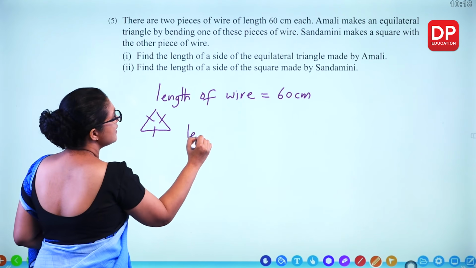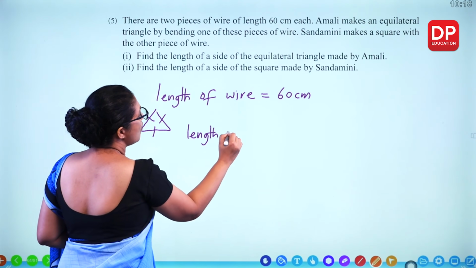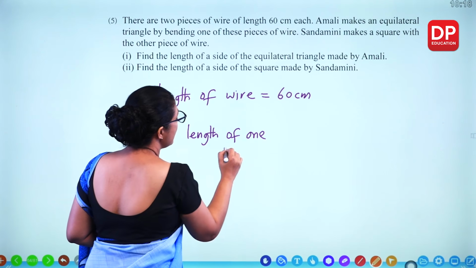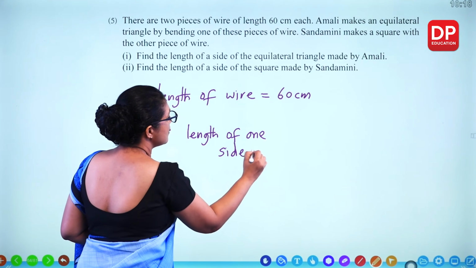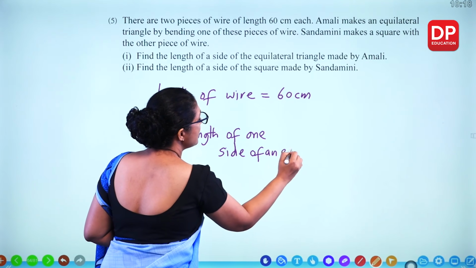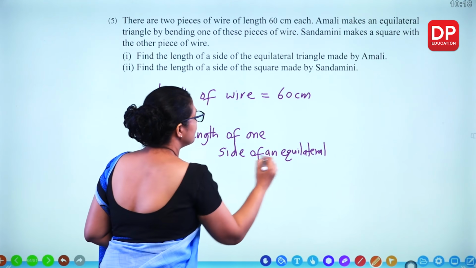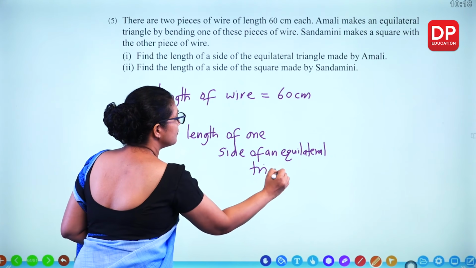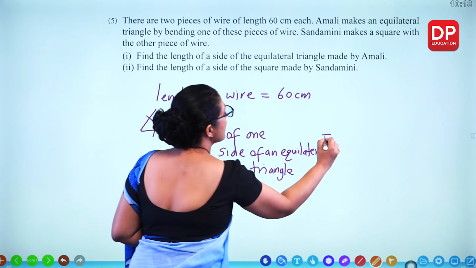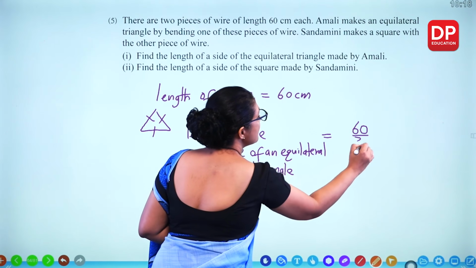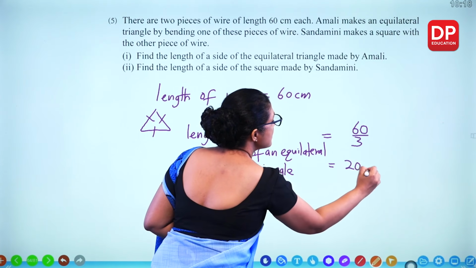So what's the length of one side of an equilateral triangle? 60 divided by 3. That's 20 centimeters.